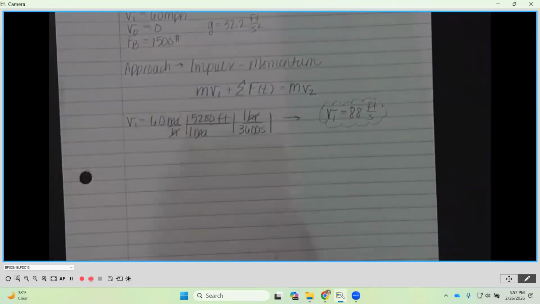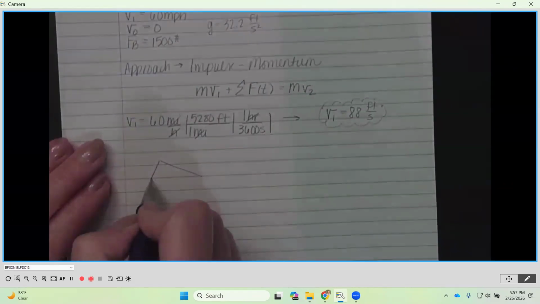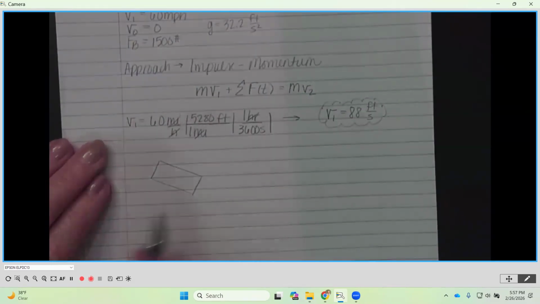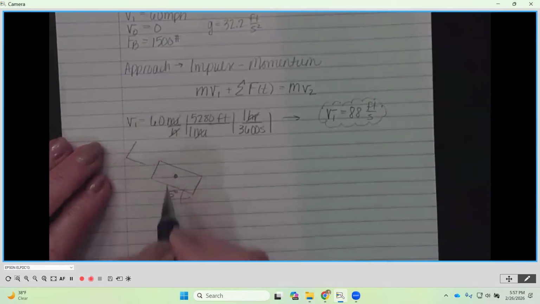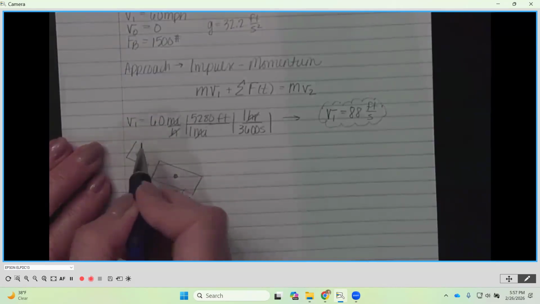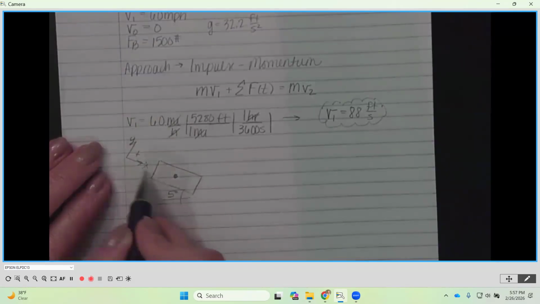So I'm going to sketch this, and I'm just going to draw a rectangle representing my car. The angle that we see this at is our 5 degrees. At the center here, I'm going to tilt my coordinate system so that my Y is here and my X is here. Does that make sense? So this is the X axis.